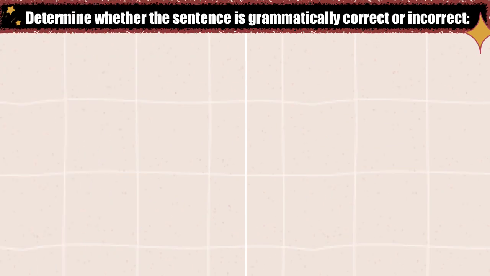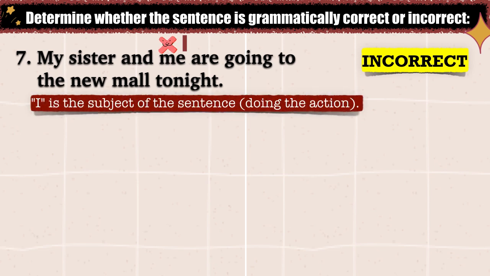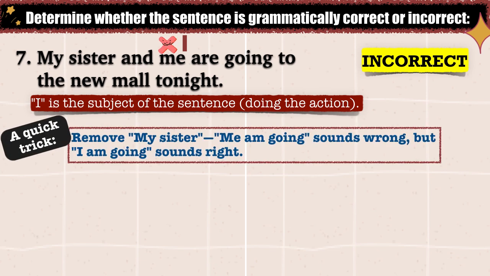Next one. My sister and me are going to the new mall tonight. Incorrect. Corrected sentence. My sister and I are going to the new mall tonight. I is the subject of the sentence doing the action. A quick trick. Remove my sister. Me am going sounds wrong, but I am going sounds right.